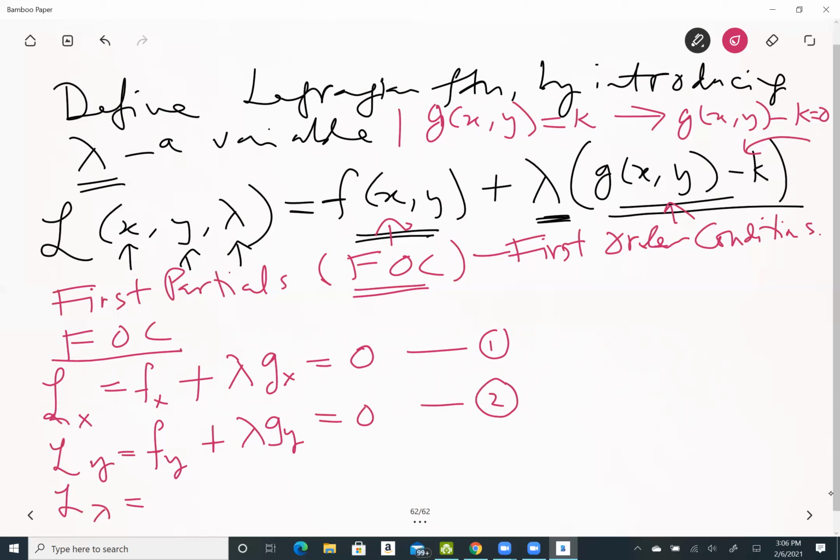You take the derivative with respect to lambda. What do we get? Okay, this one is quite different. So I'm asking you, take the derivative with respect to lambda. What is it equal to?